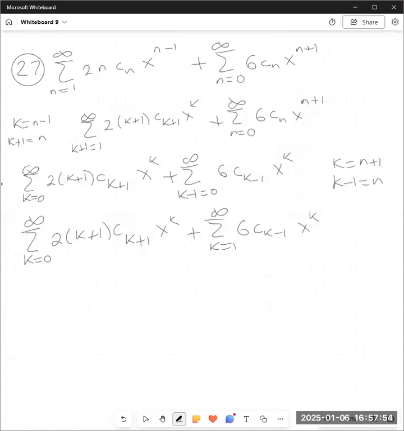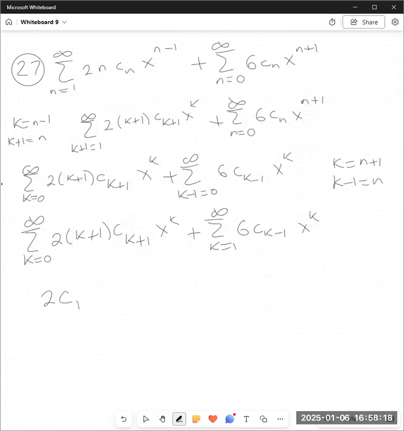So now I'm going to have to look and see that this one starts at an exponent of 0. This one starts at an exponent of 1. So I've got to bring out that first term by itself, so they both start with an exponent of 1. So that's going to be 2 times 1 is 2c, and then 0 plus 1 is 1, x to the 0.